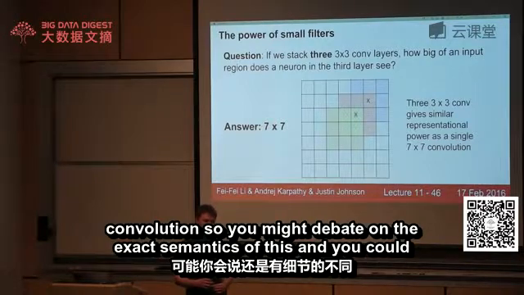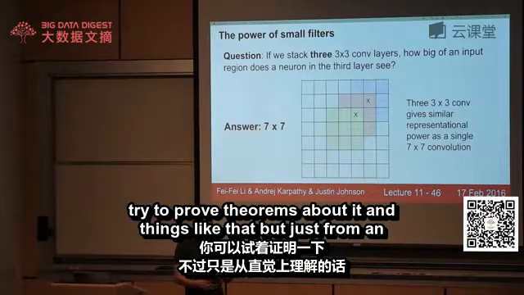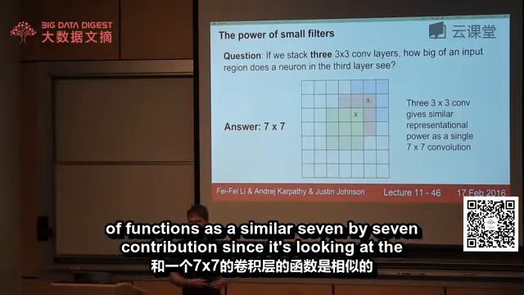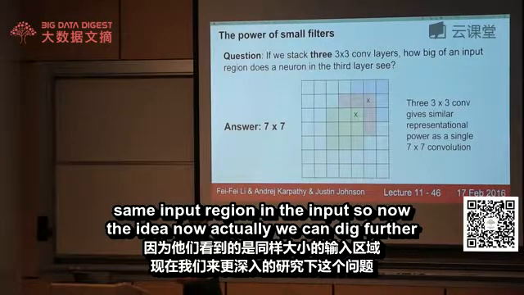You might debate the exact semantics of this, and you could try to prove theorems about it, but just from an intuitive sense, 3 3x3 convolutions can represent similar types of functions as a similar 7x7 convolution, since it's looking at the same region in the input.